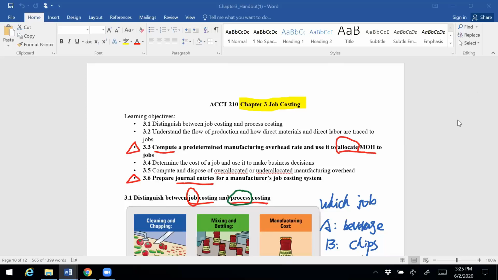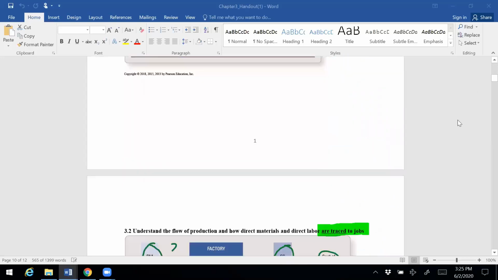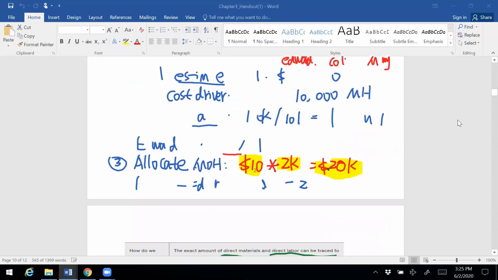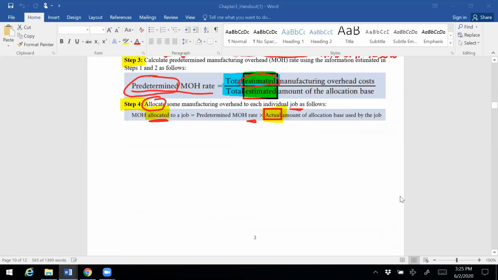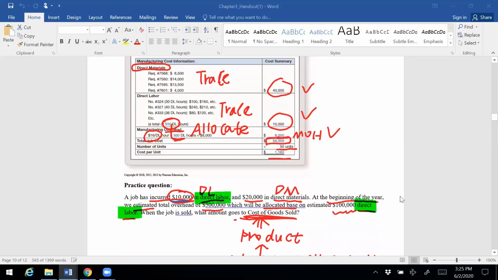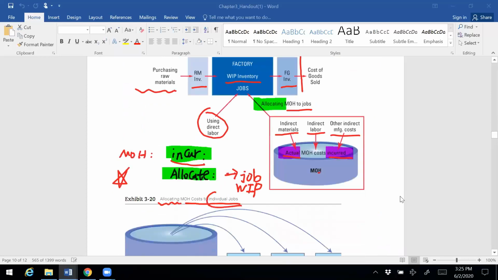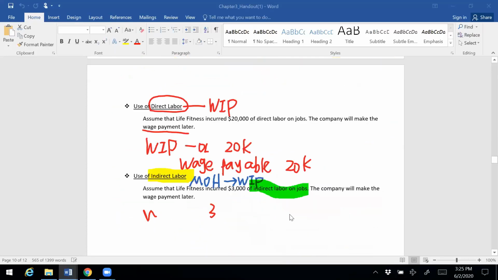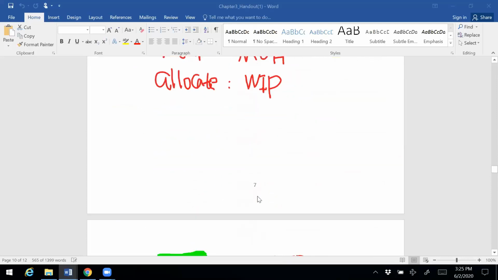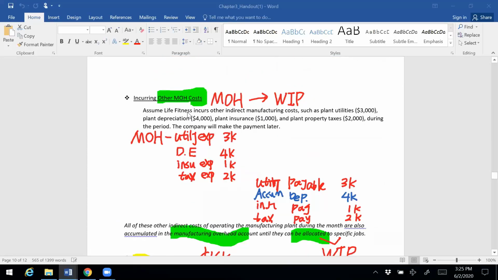So last time we covered direct labor and direct material. We said when you have direct labor and direct material, you can go to work in process directly. But for manufacturing overhead, we talk about three types, right? In the journal entry, we look at indirect material, indirect labor, and the other manufacturing overhead.